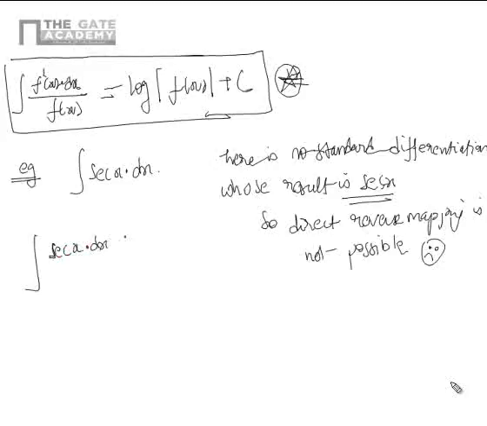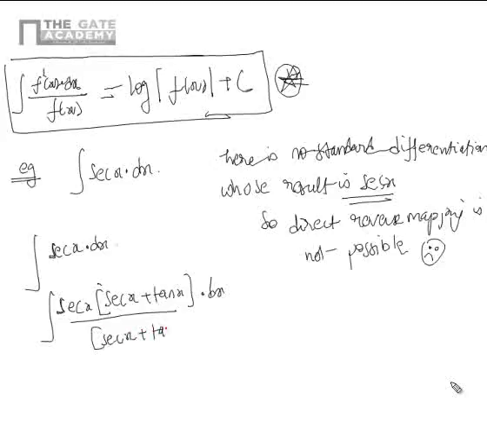In the integral of sec x dx, let me multiply and divide by secant x plus tan x. There is a reason I am doing this. Why? Because what is the differentiation of secant x plus tan x?